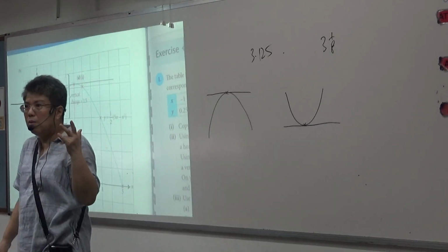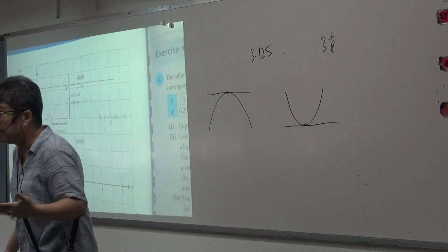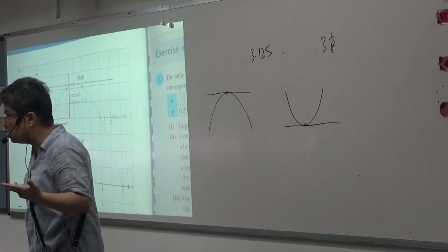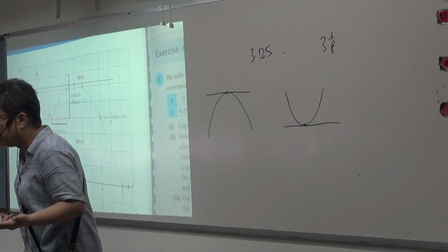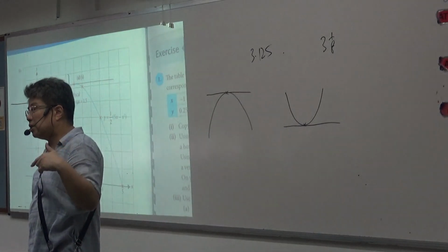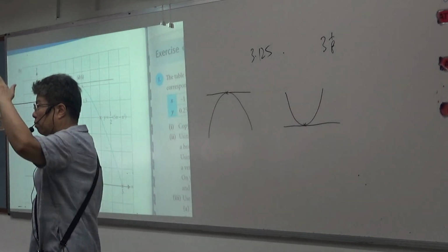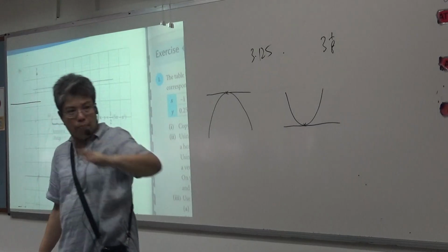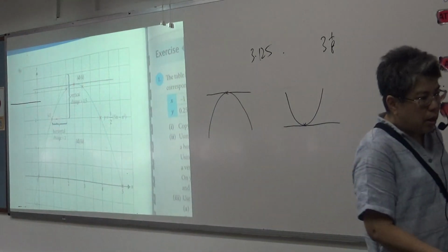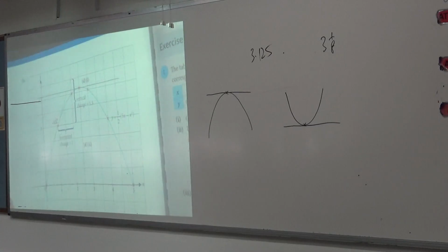Now, a more gradual line will have a smaller gradient, and the change will be smaller. A steeper line means the change is bigger. Everybody clear? We'll do this in the next section when we do sketches of containers in different shapes and how the height changes.